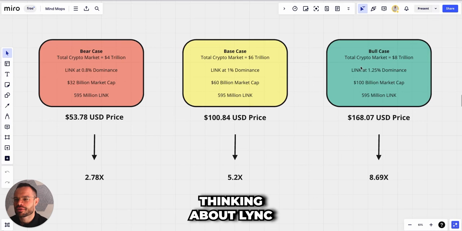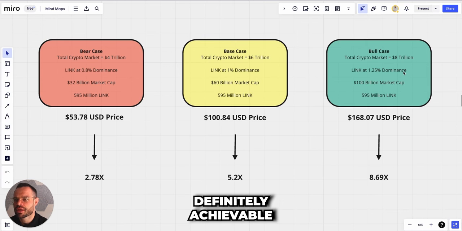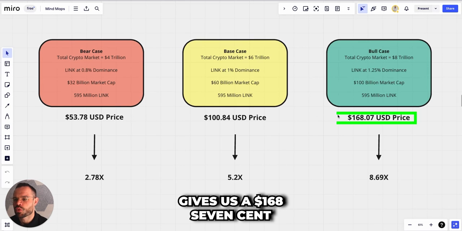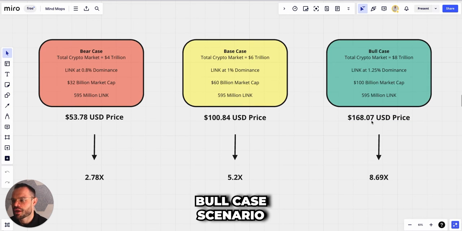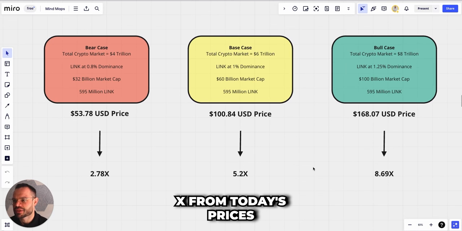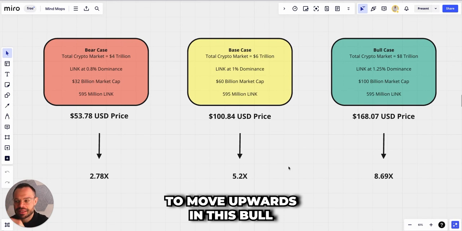Thinking about Link achieving a 1.25% dominance, again, which is definitely achievable given where it has been before in terms of market dominance, that would give Link a $100 billion US market cap, and then dividing that 100 billion by the 595 million Link in circulation by middle of 2025 gives us a $168.07 price target for Chainlink in our bull case scenario. So that is an 8.69x from today's prices. Still lots of room for Link to move upwards in this bull market.